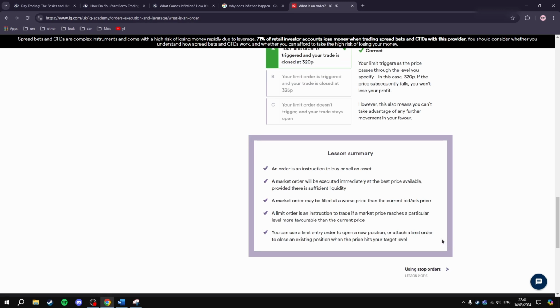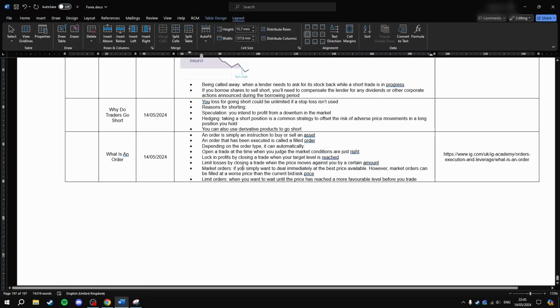Lesson summary. An order is an instruction to buy or sell an asset. A market order will be executed immediately at the best price available, provided there is enough liquidity.